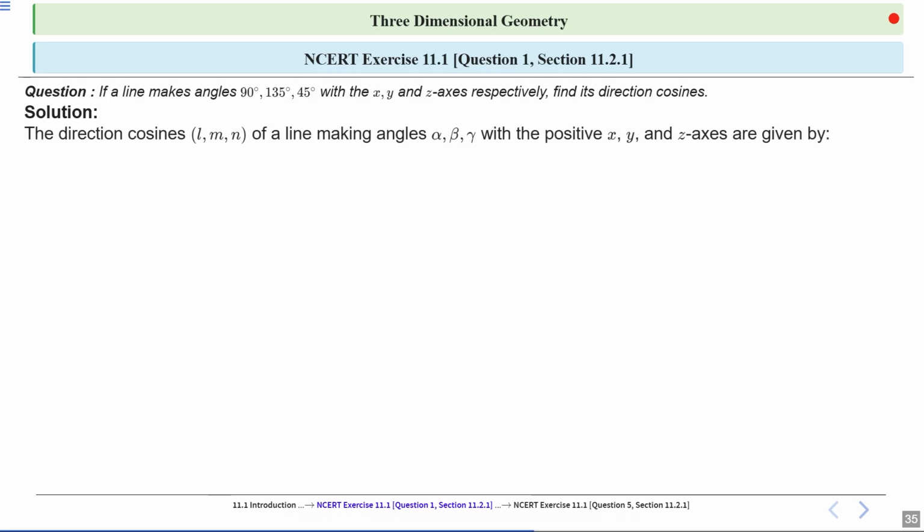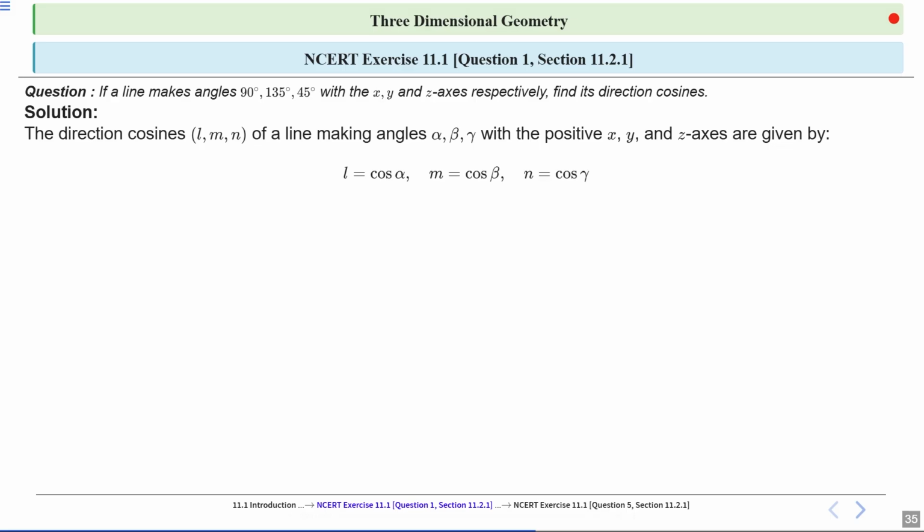To solve this, let's recall the definition of direction cosines. If a line makes angles alpha, beta, and gamma with the positive x, y, and z axis, then its direction cosines are represented by L, M, and N. These are the cosines of the respective angles.